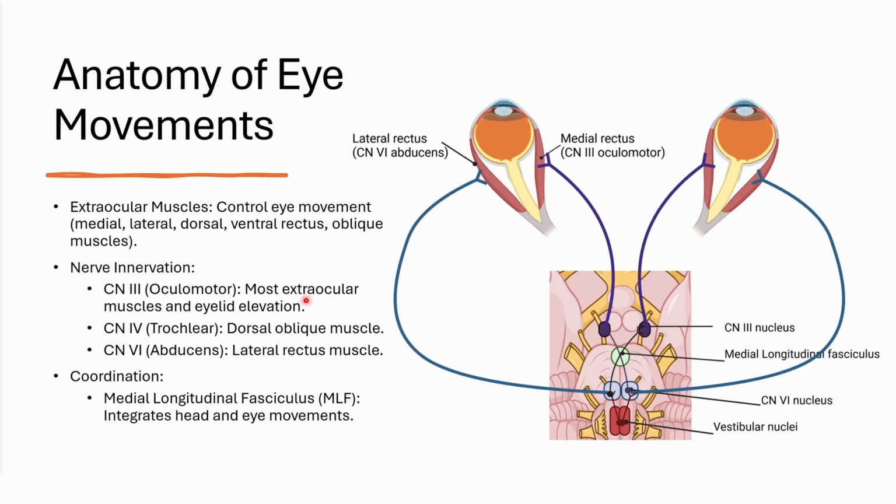elevation. In fact, the only major muscle that the oculomotor nerve does not do is the lateral rectus, the one at the side, and this is done by 6, the abducens. The trochlear nerve does the dorsal oblique muscle, which is a muscle which twists the eyeball, and we're not going to talk about it much in this particular lecture because it's actually quite unusual to see a trochlear nerve lesion on its own in dogs and cats.